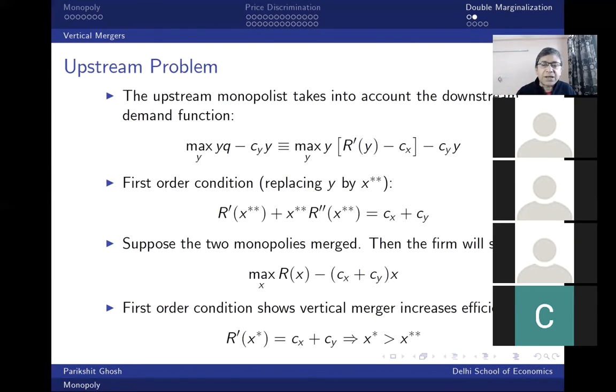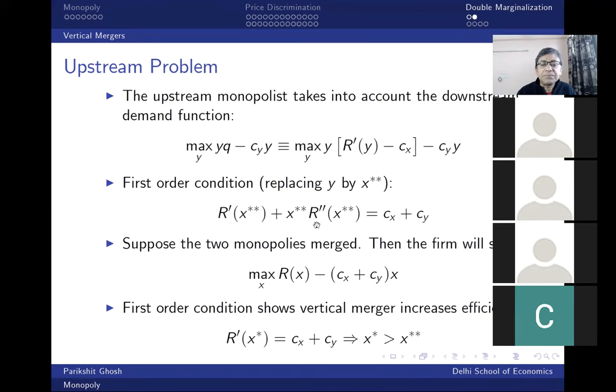Y and X will match at the end of the day. So I calculated the derivative, set it equal to 0, but instead of Y, I switched to writing X, and I put an X double star because this is what the outcome is going to be when the monopolists are separate entities. They're different firms. So then the volume of output will be given by this equation.